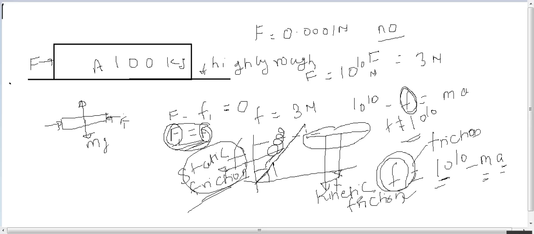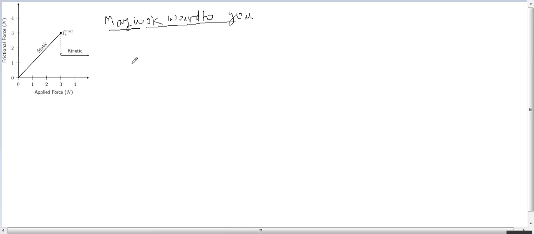So guys, there are two types of friction. First people call it static friction, and second people call it kinetic friction. One of the important things is that static friction is variable. Static friction is variable, this is very important.